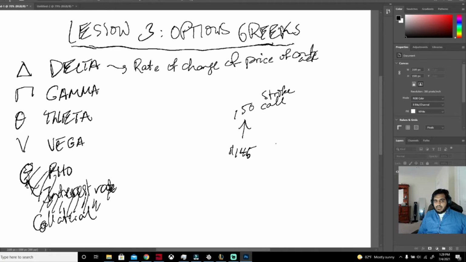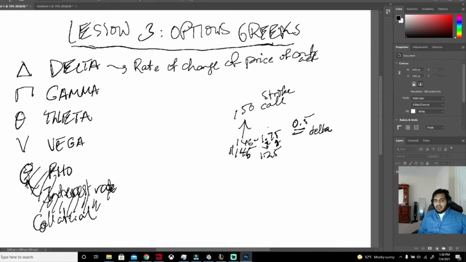If it goes up to 146 bucks, and say your delta is 0.5, and you bought the contract at $1.25, the $1 that you go up will now put it at $1.75, because it went up by 50 cents, and that was your delta.